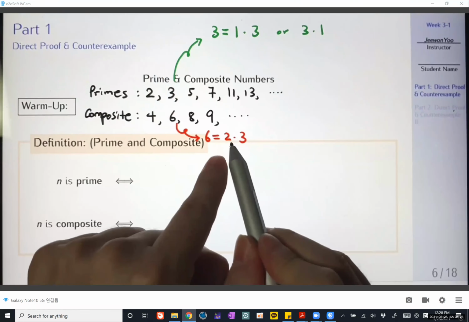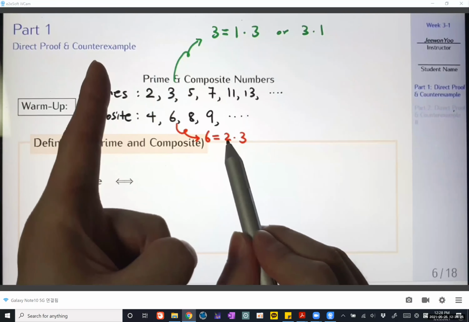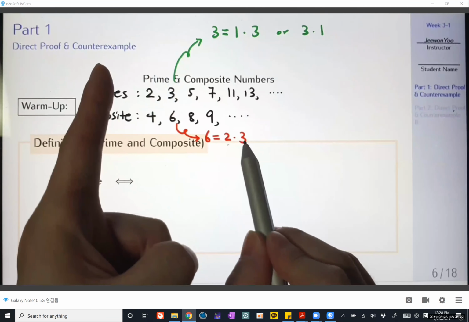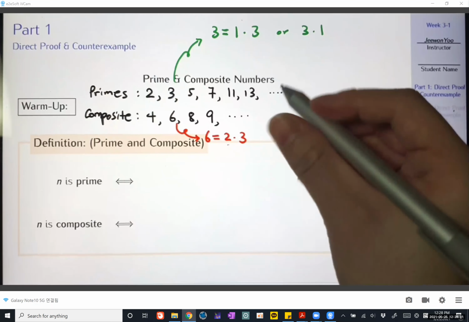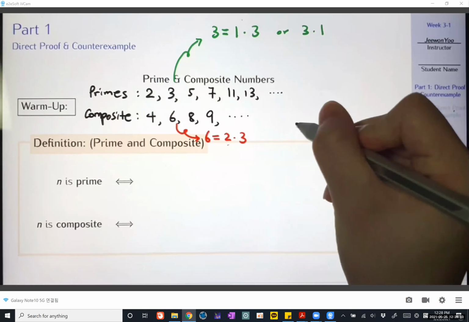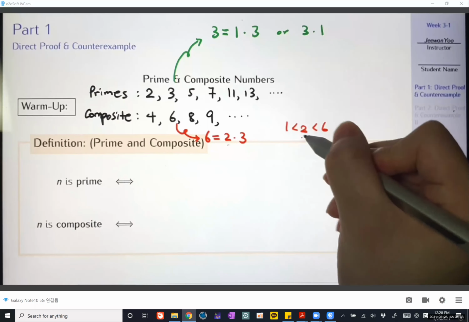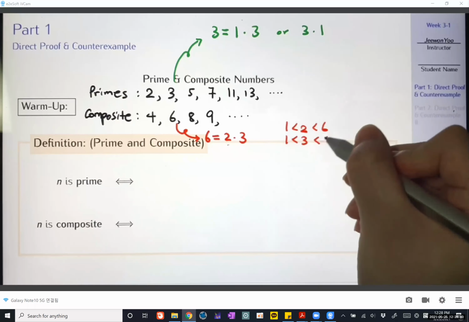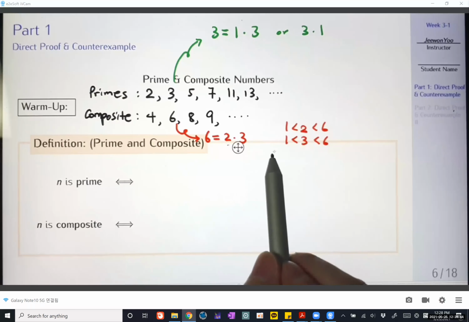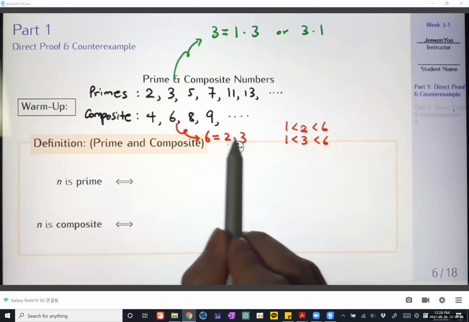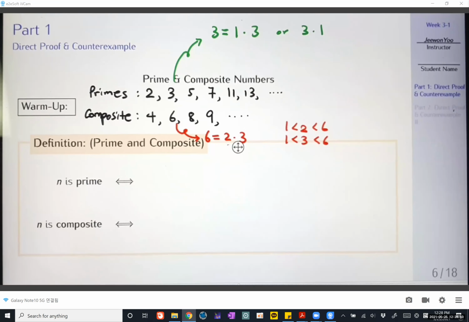If you can find at least one pair of factors of 6 where each factor is more than 1, see, 2 is more than 1, less than the final number 6, and 3 is more than 1, less than 6. If you can find at least one pair of numbers such that their product becomes 6, then we can call it a composite number.